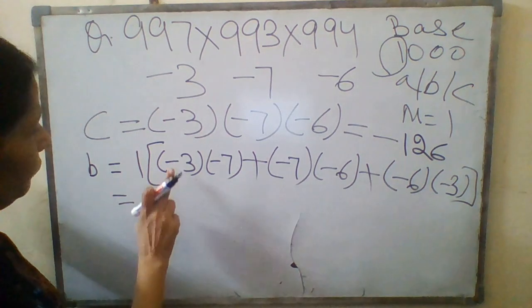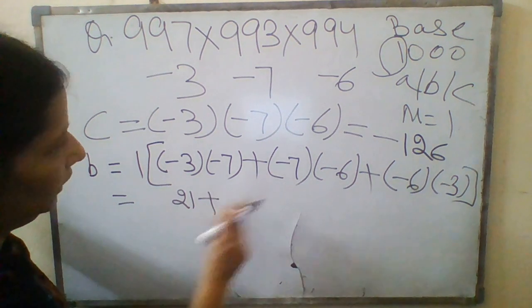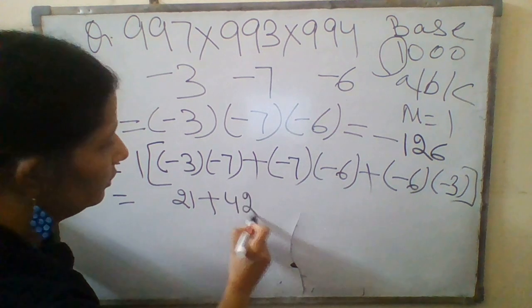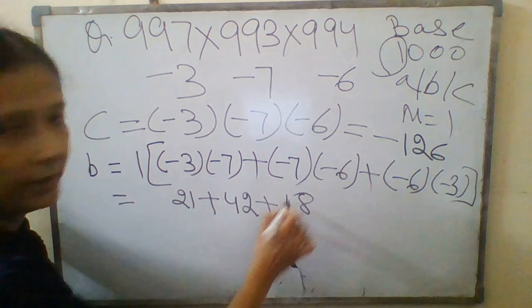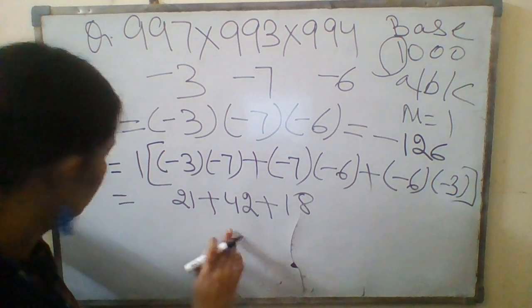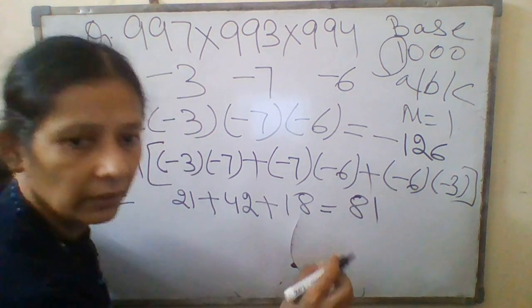Now you see, minus into minus plus, 7 3 are 21, then plus, minus into minus is plus, 7 6 are 42, then plus, minus into minus is plus, 6 3 is 18. So here you will get 81.